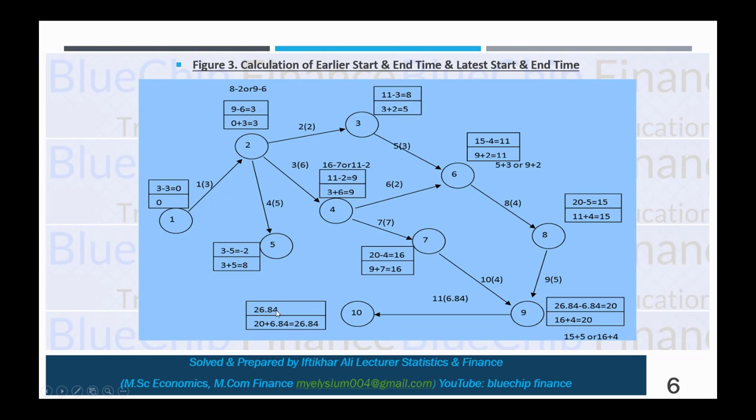In the calculation of backward pass, you must remember that first of all we subtract rather than adding. And the second thing is that if there are different choices for different combinations coming to the previous node, then you always take the minimum sum, just the opposite of the forward pass.